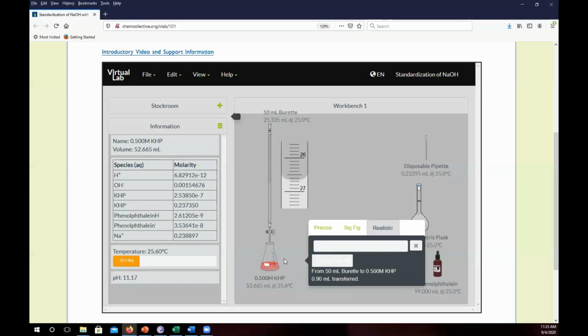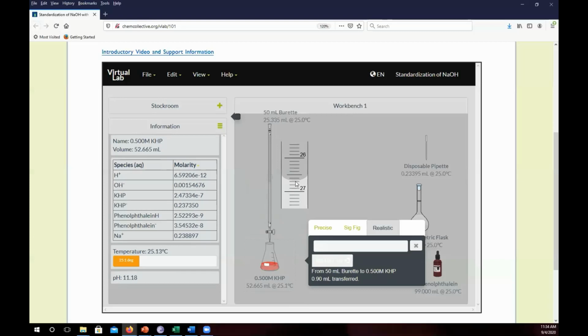When the solution changes color, this is an indication that all of the potassium hydrogen phthalate has been reacted with sodium hydroxide. The exact amount of sodium hydroxide that it reacted with can be based on the moles, which is coming from the potassium hydrogen phthalate solution, and the volume of the solution, which is coming from the burette.